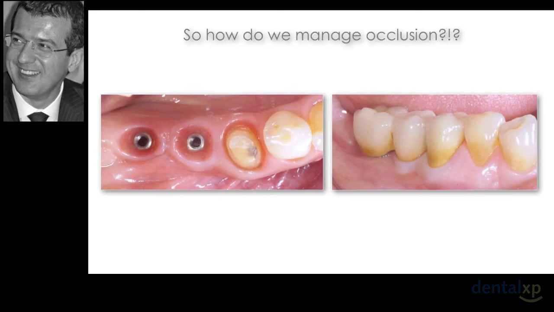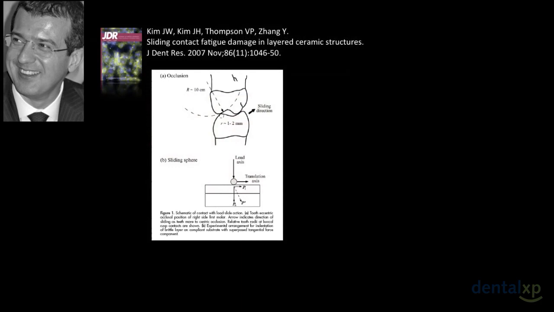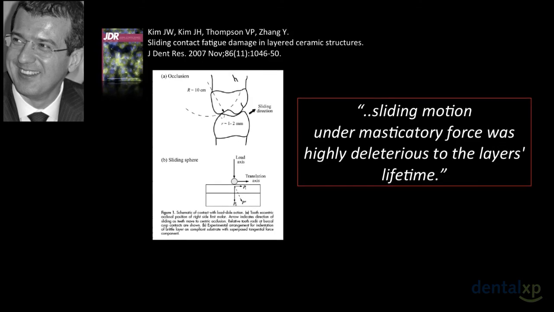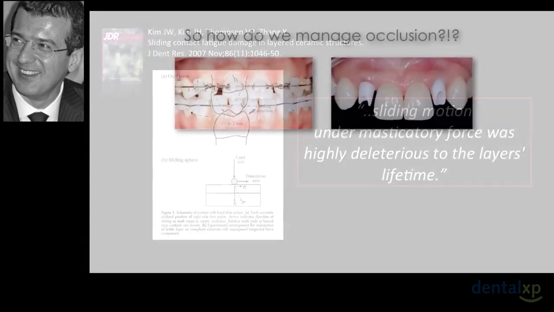Do I want to have them on the teeth? No, I do not want. What I do not want to have is sliding contacts on restorations, because we know from literature that sliding contact under masticatory force is highly deleterious to the layers of our restorations. So we are doing the same things on our natural teeth as we are doing on our implants.